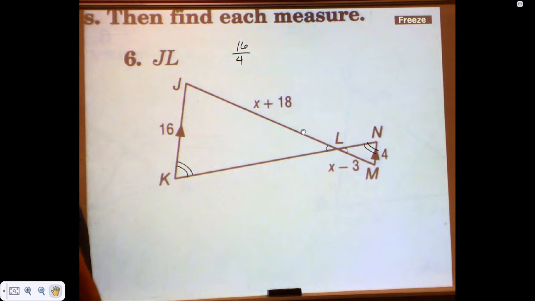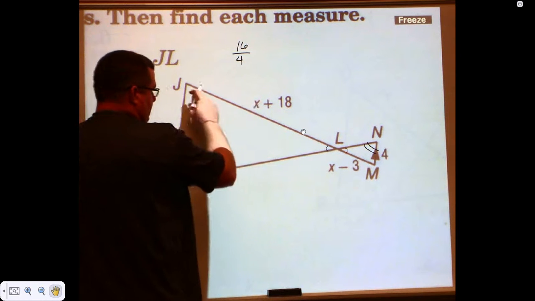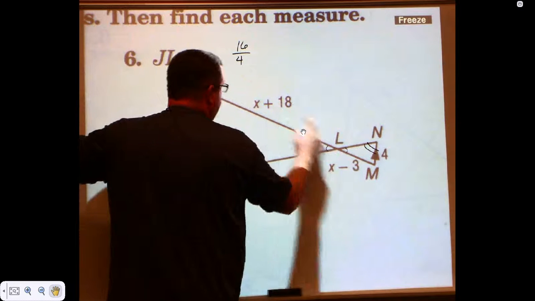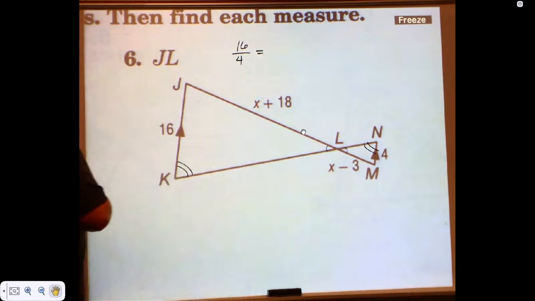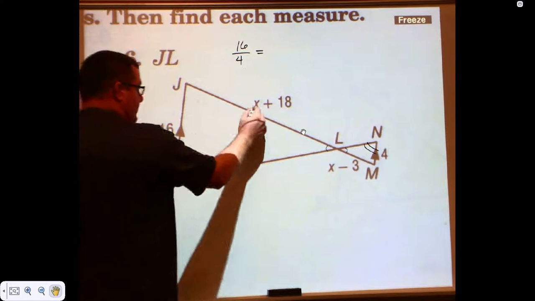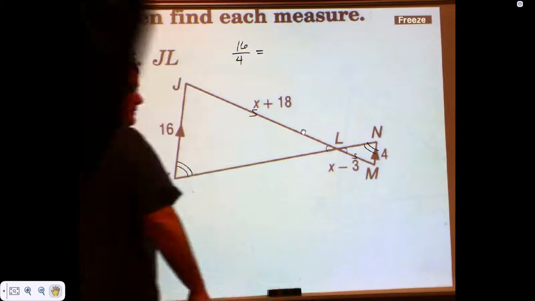Now, that is equal to what? I'm trying to create a proportion to find x, right? So what corresponds to this side right here? Does the x minus 3 correspond to it?